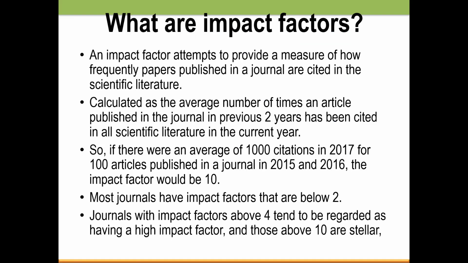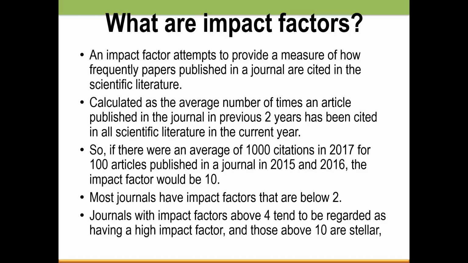We define an impact factor as an attempt to provide a measure of how frequently papers published in a journal are cited in scientific literature. It is calculated by the average number of times an article published in the journal in the previous 2 years has been cited in all scientific literature in the current year.